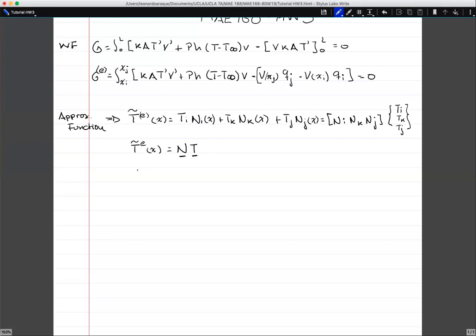So here, the shape functions for a quadratic formulation look like this.